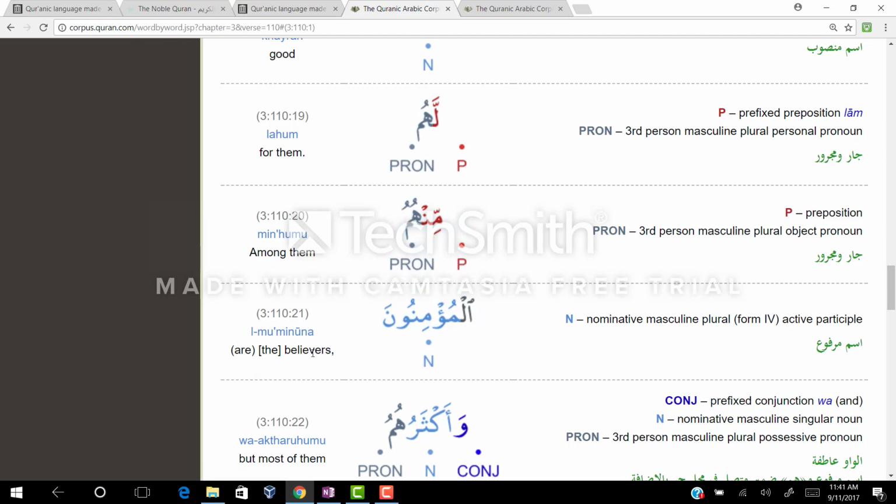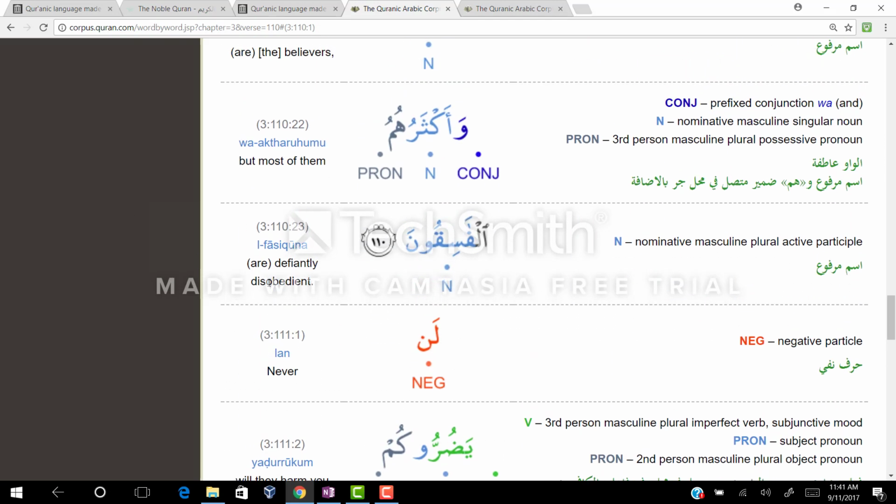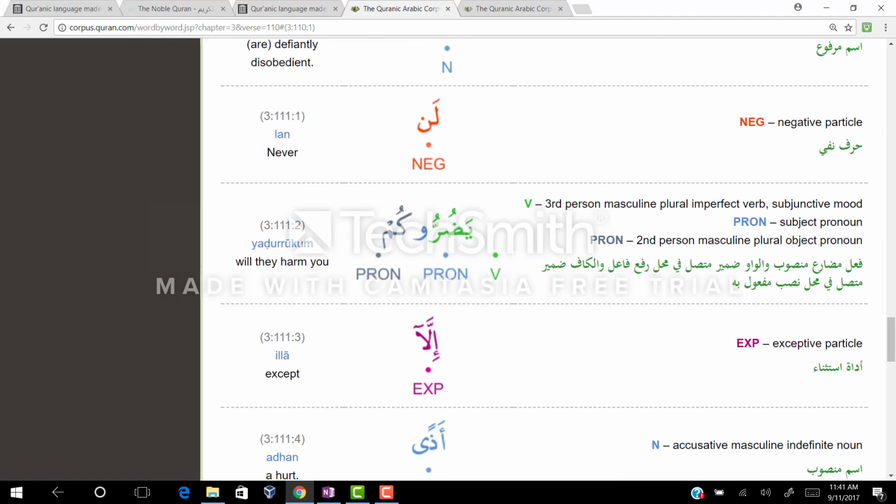Al-mu'minuna are the believers. So here you can see "are" in the translation. Whatever comes before "are" is the mubtada, hum is the mubtada, and the believers is the khabar. But most of them are defiantly disobedient. So وَأَكْثَرُهُمْ, hum is the mubtada, it comes before "are", and al-fasiquna is the khabar. So most of them are disobedient.